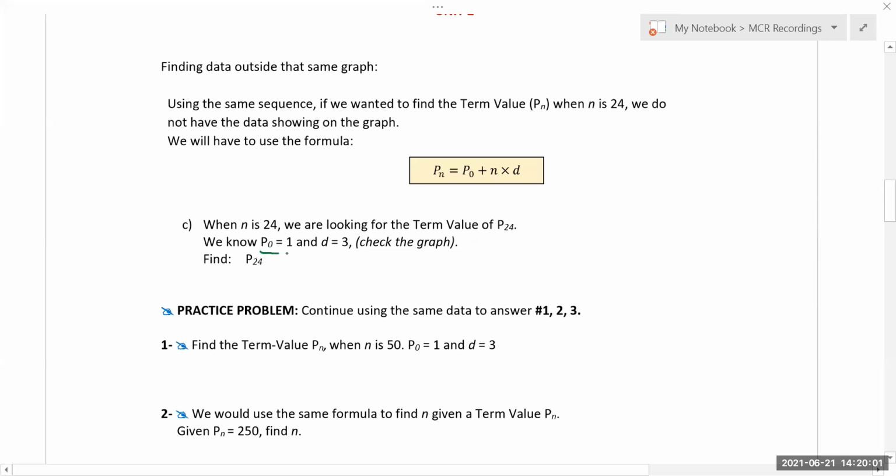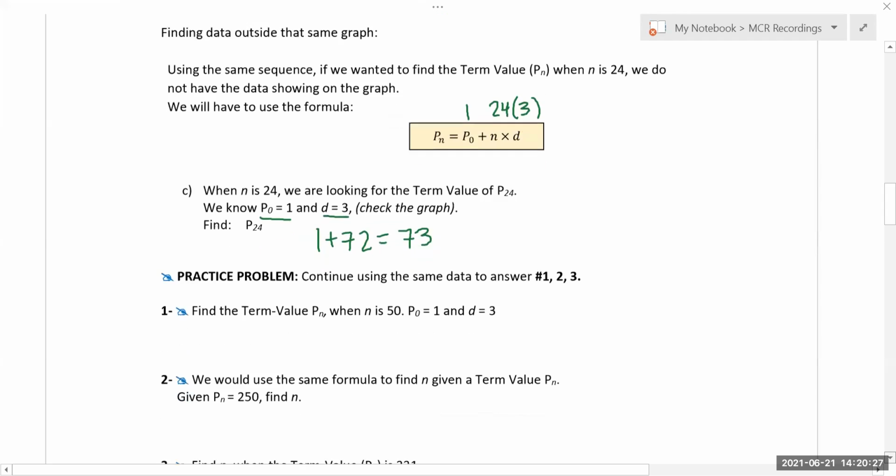So we know that P0 is 1. We know that d is 3. So for P of 24, we could plug those in and get our value. So that's 1 plus 72 equals 73. And if you check your graph, it is definitely extending far into that 73 range.